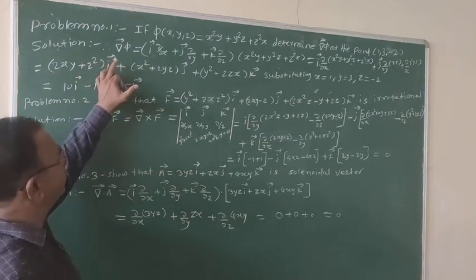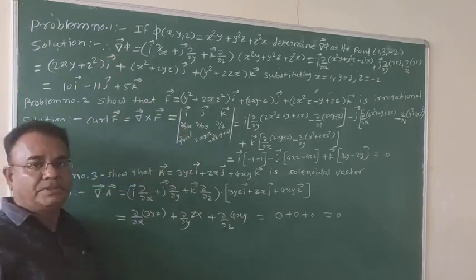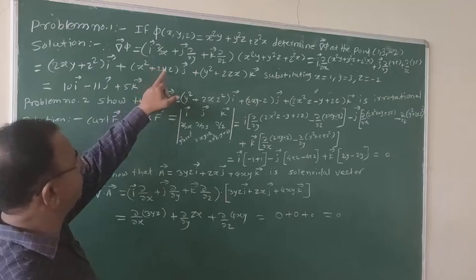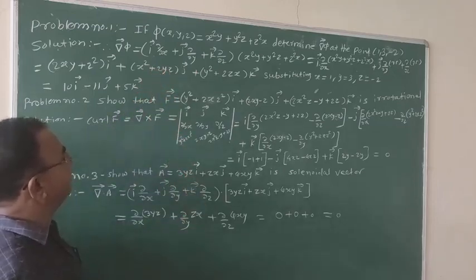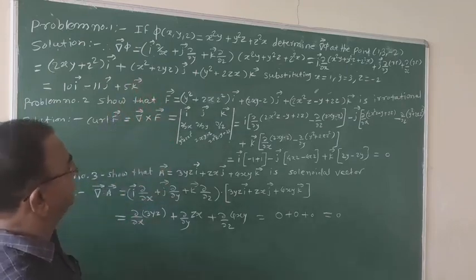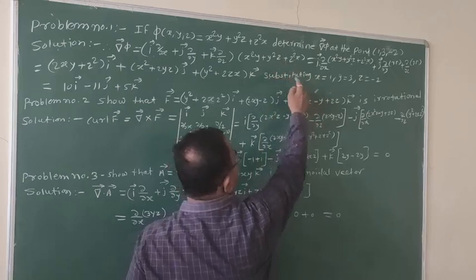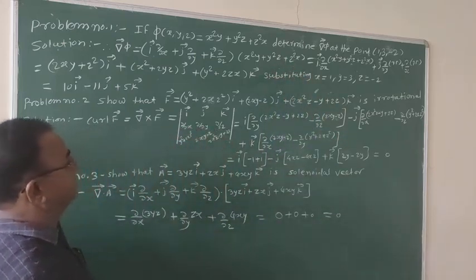Putting the value of the del operator and that of phi, we have i bar delta by delta x plus j bar delta by delta y plus k bar delta by delta z operating on phi, that is x square y plus y square z plus z square x.